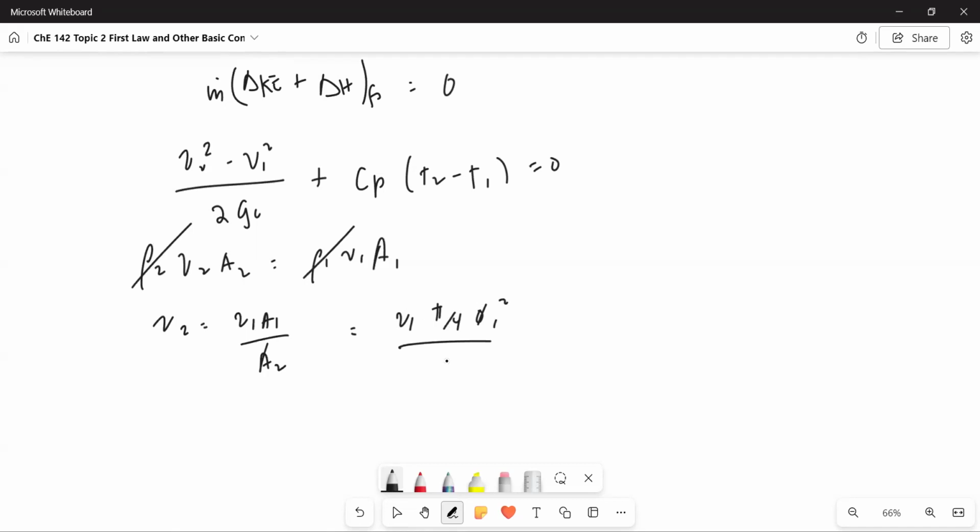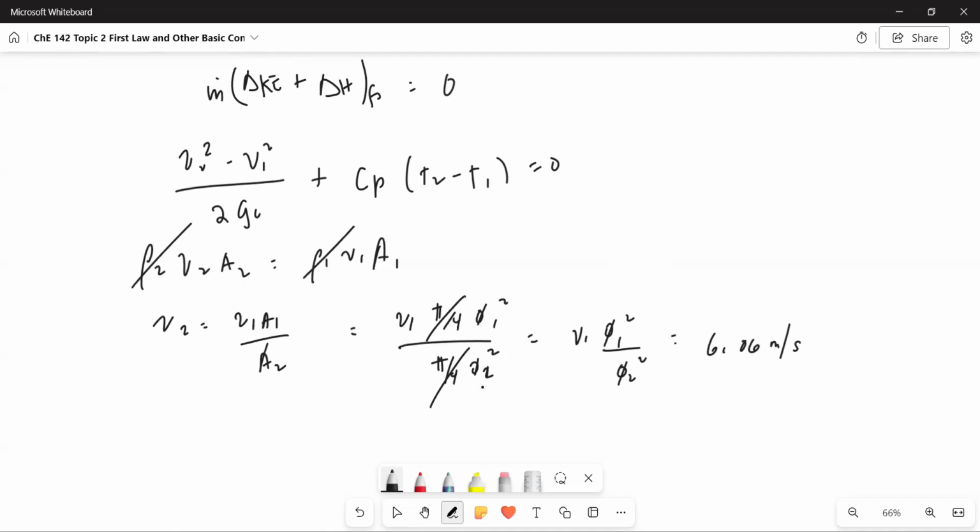So we can expand pi over 4, this one cancels out, and we are left with V1. Substituting, we have the values of V1 and the diameters in the problem. What you will get is the velocity V2.